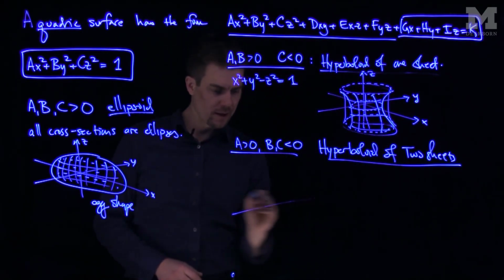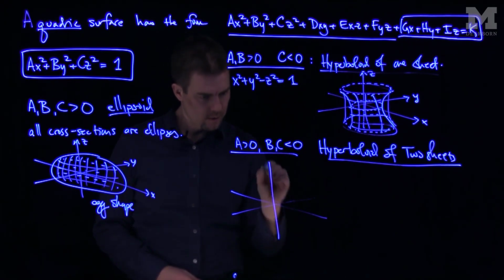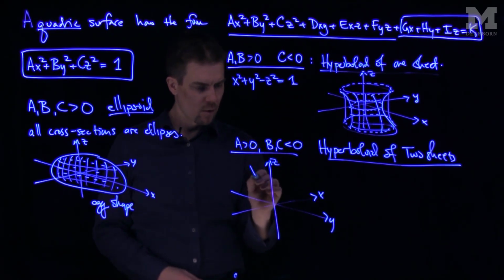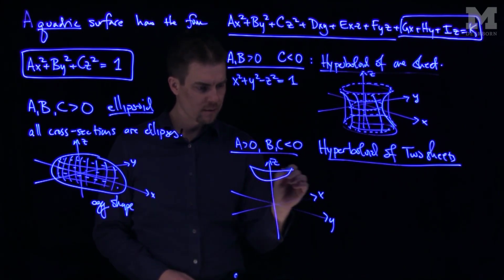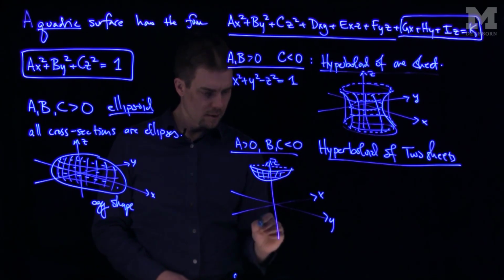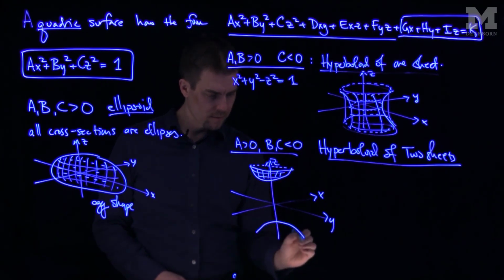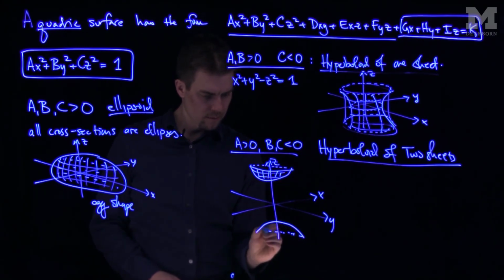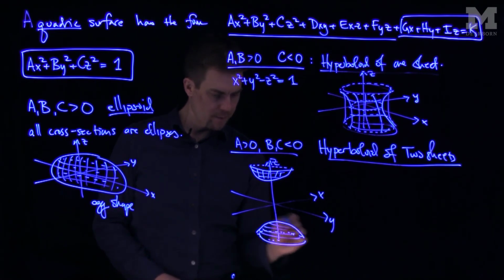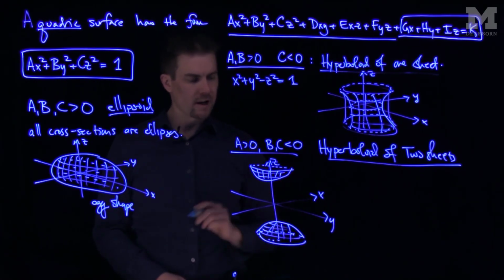And so what will happen over here, x, y, and z, we'll get a cup over here, put a cup down over here, so we'll have these elliptical shapes, but for only certain values of z.